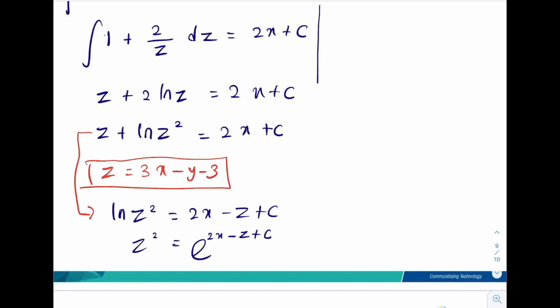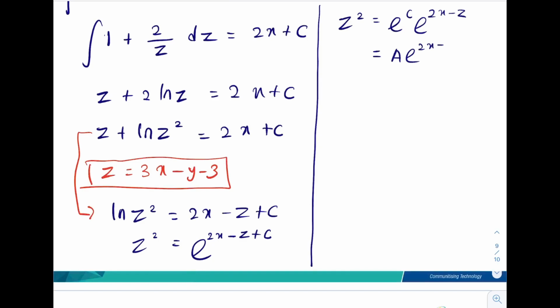Okay, I copy this one back. z squared equals to A e exponent 2x minus z, which is A exponent 2x minus z, squared over here. Okay, I replace this one. I will replace over here.